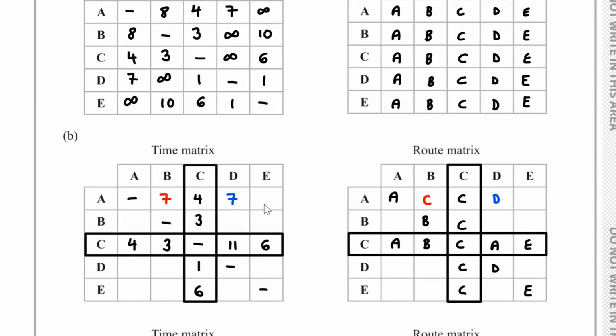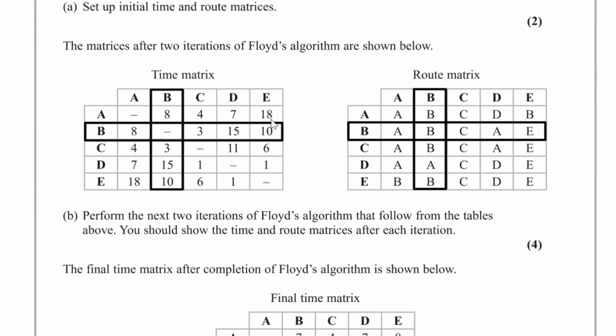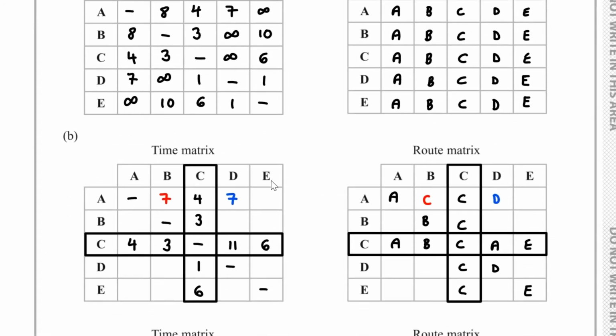And if we consider what happens here, we compare the sum of 4 plus 6, which is 10, with the 18. You can see here 10 is smaller, so we change the 18 to a 10, and here we would have C. Let's consider this element.